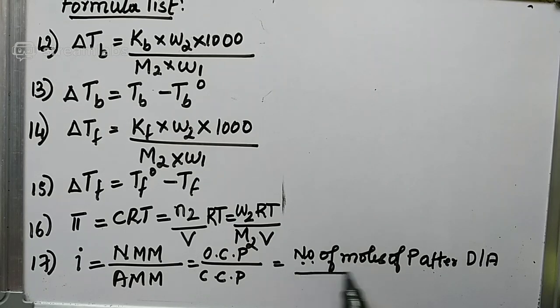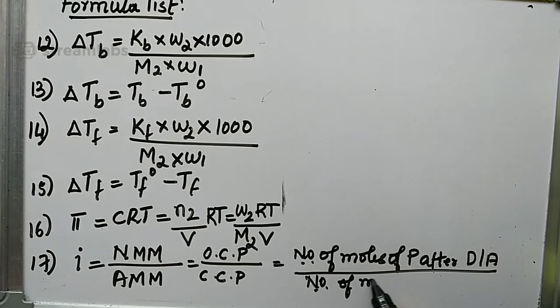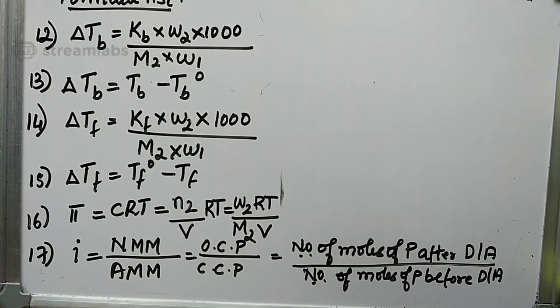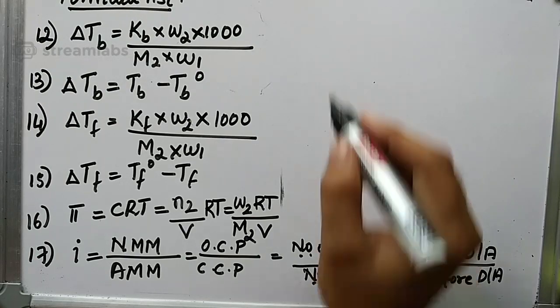D stands for dissociation, A stands for association, divided by number of moles of particles before dissociation or association. These are the three important formulas for finding out the colligative properties.